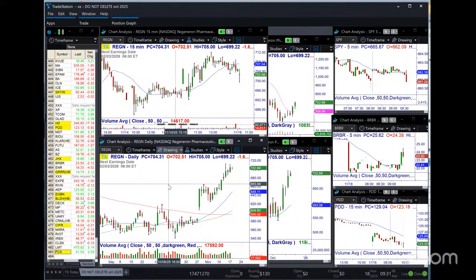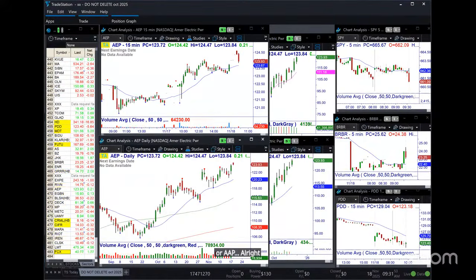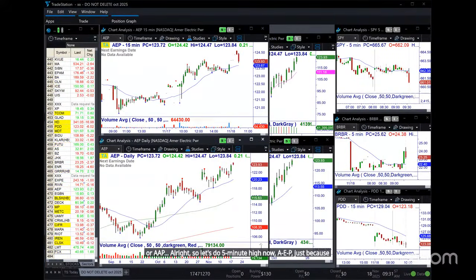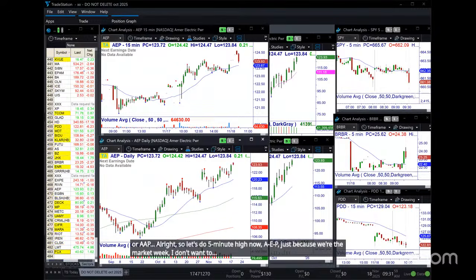All right, AEP. Let's do 5-minute high now, AEP, just because with the market weak, I don't even feel like buying the gap fill.